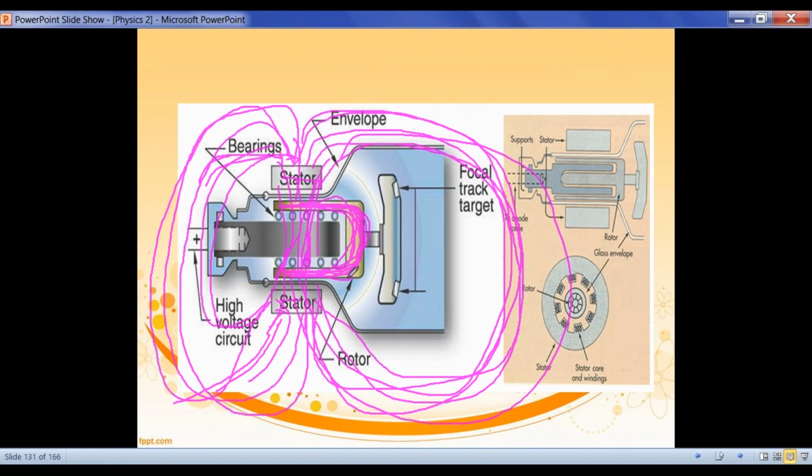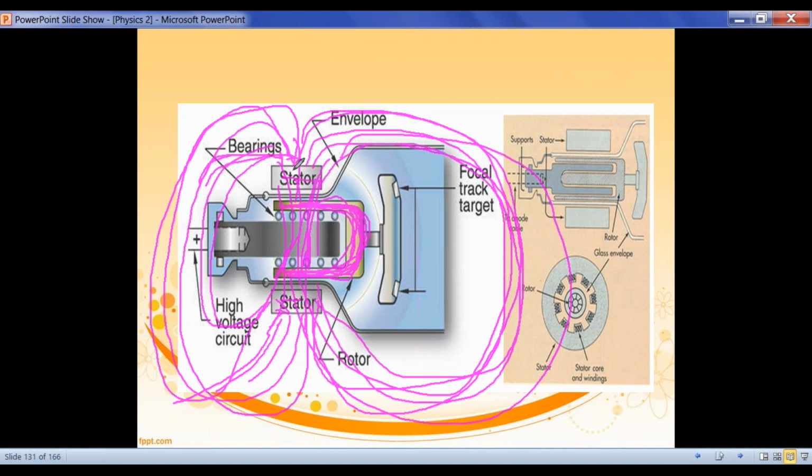Yes, magro-rotate na po siya. Yun po yung naririnig niyong maingay kapag nagre-ready na po kayo ng X-ray machine bago po tayong expose sa patient. Okay? So, yun po yung importance ng induction sa ating X-ray tube.